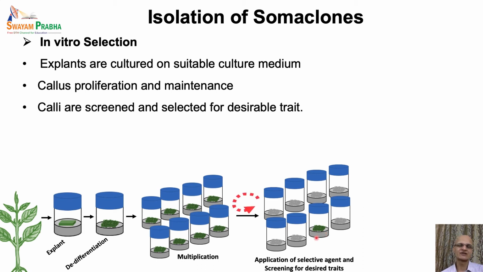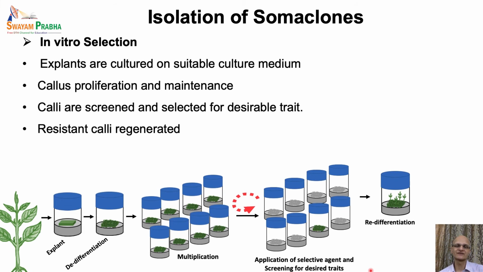These calli which survive the selection are multiplied and screened for the resistance, and this cycle is repeated at least a few times. Finally, the resistant calli that are selected after a few cycles of selection are transferred onto the regeneration media, where they are induced for organogenetic responses.